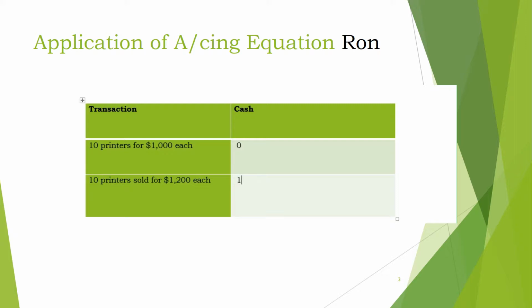There were 10 of them, so Ron received 12,000 because now he's making the sale for cash. So at the end of his accounting period, he has 12,000. So there we go. I really don't think that was very difficult.